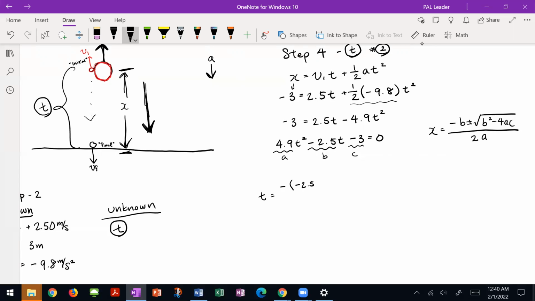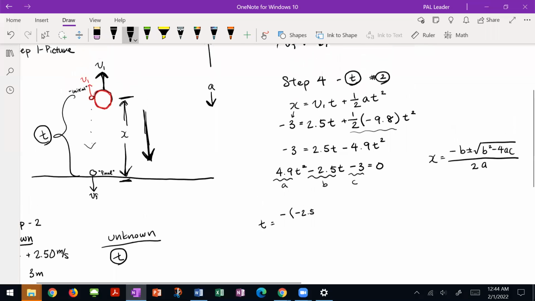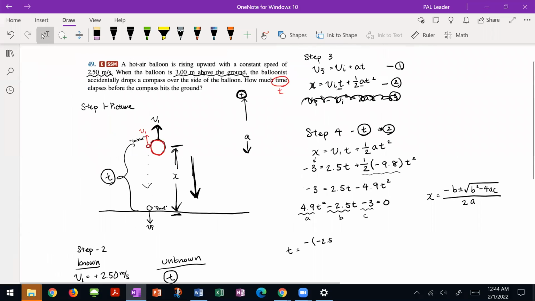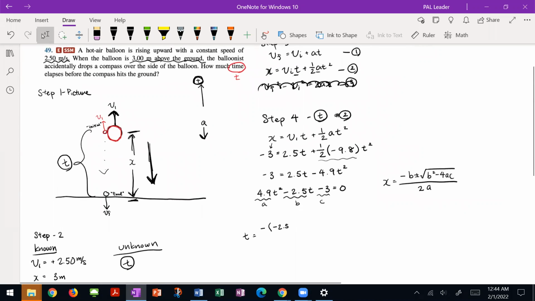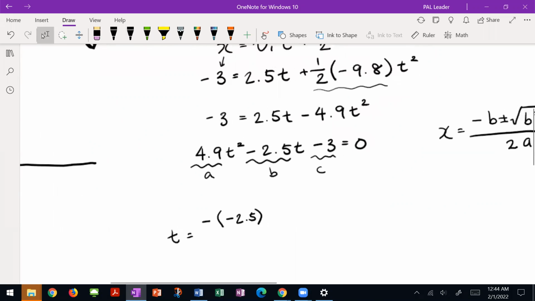Am I right? Hold on. Okay, sorry for that. I do believe I'm solving this correctly. If anybody notices that I'm doing something wrong, please tell me. But I'm just going to continue plugging in my numbers.